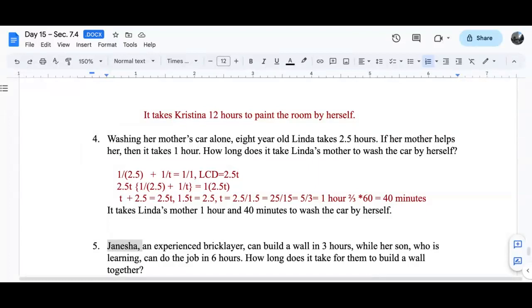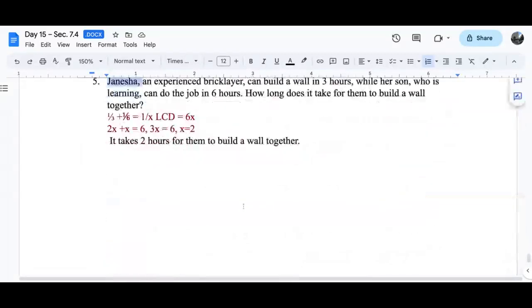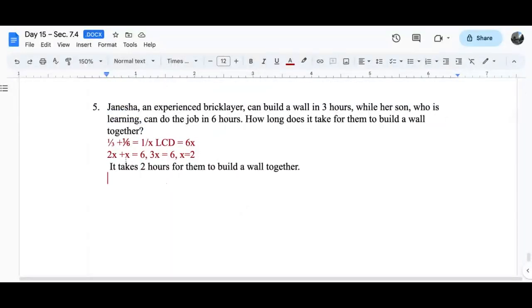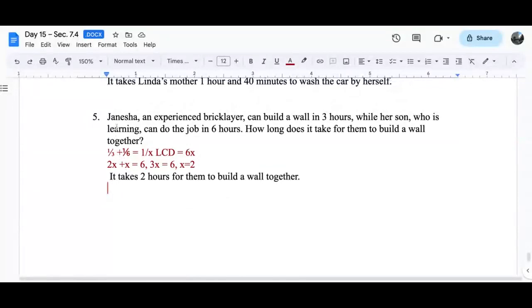Okay. 3.5 hours. Let's see. So we set up the same way. Okay. Jinsha only used 3 hours, so her speed is 1/3. And her son used 6 hours, so his speed is 1/6.